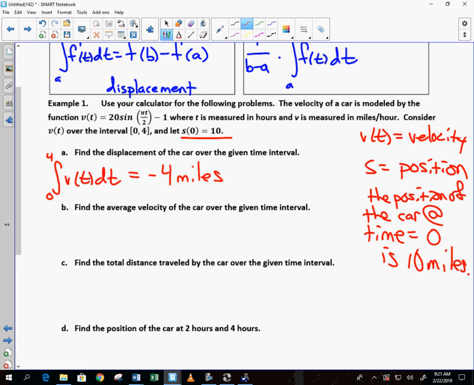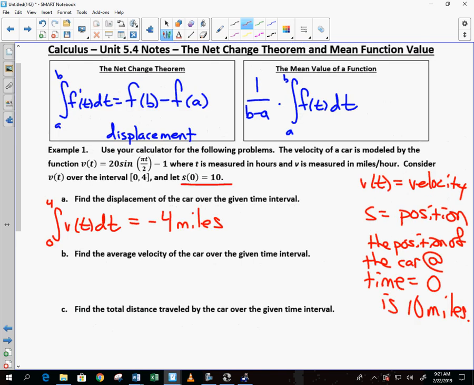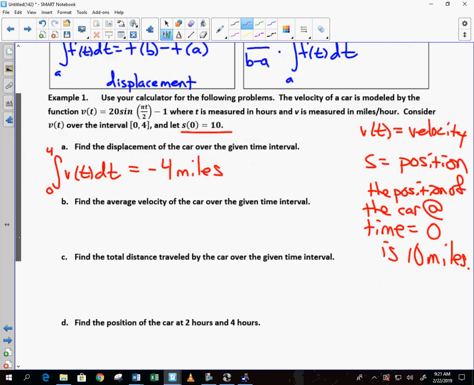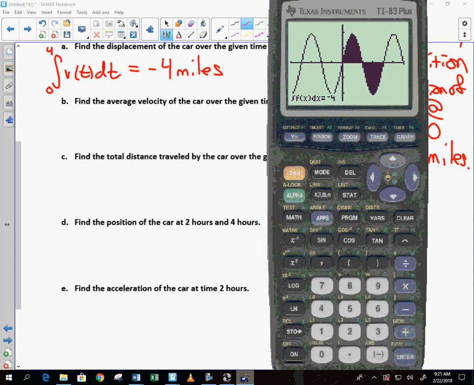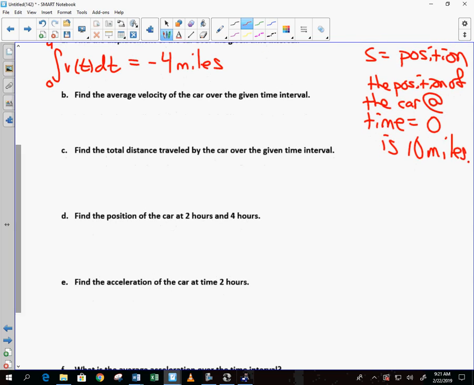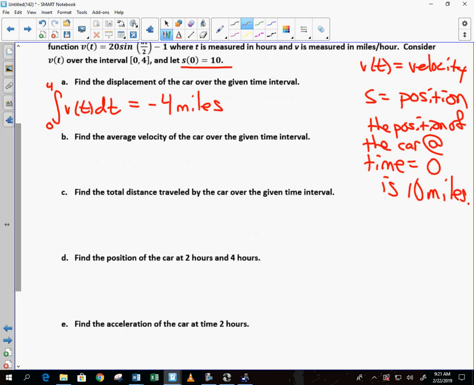No, the whole point here is that the prime means that this is the derivative. Okay, find the average velocity of the car over the given time interval. Well, are we given the velocity function? Yes, we are.